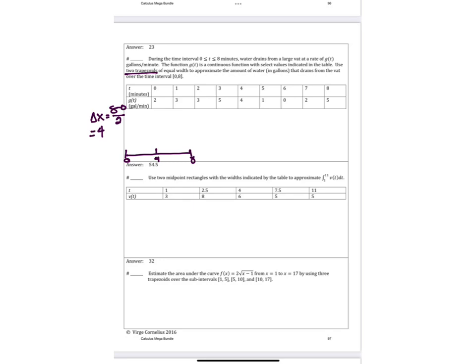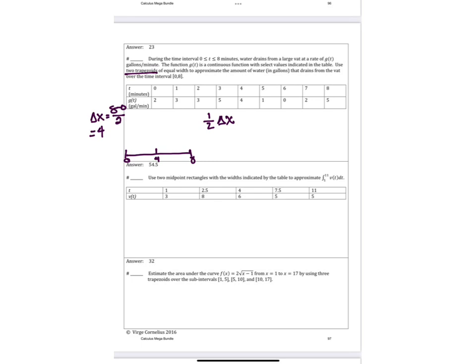Delta x is 4. How do I compute the trapezoidal? Well, the trapezoidal takes the average of the left and the right value. So in the beginning, you're going to have a half delta x. There's the average. That half splits it.